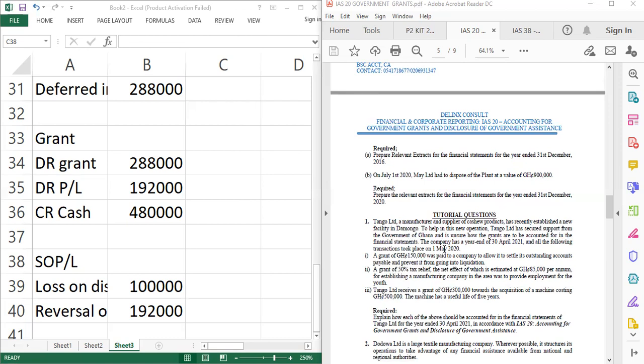Tango Limited receives a grant of 300,000 towards the acquisition of a machine costing 500,000 Ghana cedis. The machine has a useful life of 5 years. Required: explain how each of the above should be accounted for in the financial statements of Tango Limited.